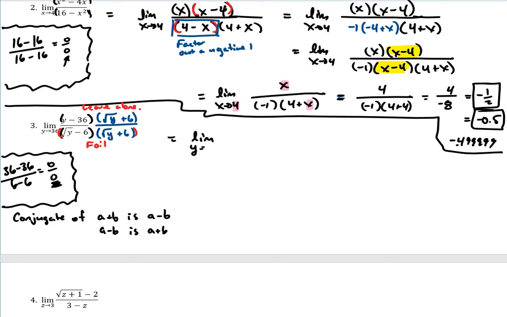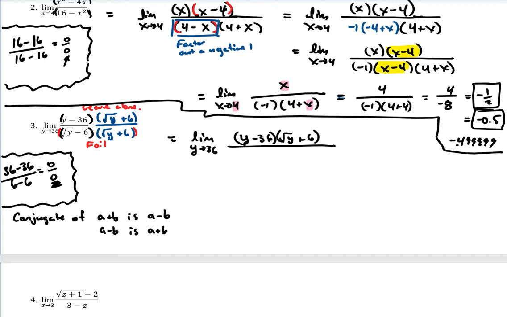Okay, so when we rewrite it, let me put it right here. I've got the limit as y goes to 36. Again, the letter doesn't matter. Typically it's x, but they used y here. That's okay. And then what we have, let's get a big fraction. The top, again, I'm just going to leave alone: y minus 36, and then square root of y plus 6, both in parentheses. The bottom I'm going to FOIL.